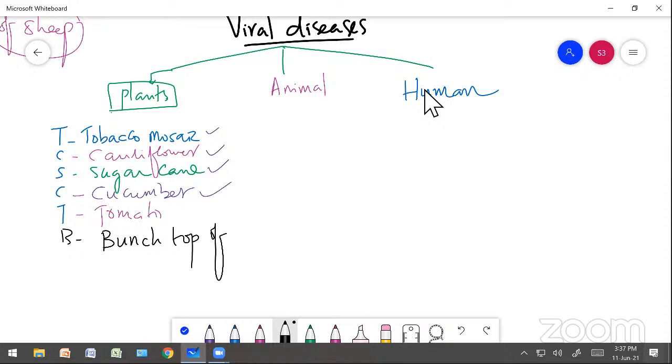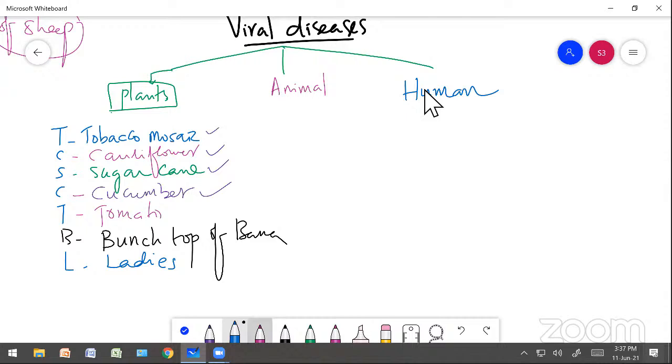In banana, you can see the tip of the bunch top of the fruit of banana is totally affected by this virus, right? And next, vein clearing disease. Vein clearing disease in lady's finger. L stands for lady's finger. In lady's finger, you can see vein clearing disease, right?